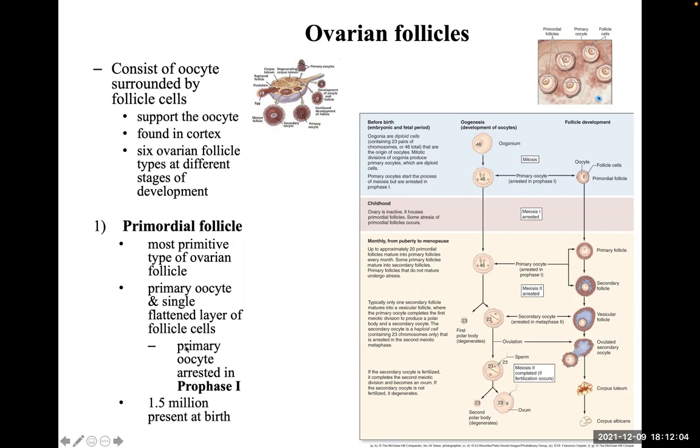Okay. The other thing I want to point out, because this is kind of an interesting phenomenon that's not totally well teased out, is that when a genetic female individual is born, that individual has about 1.5 million primary oocytes and primordial follicles in their ovaries. And then by the time that individual gets to puberty, that number has gone down to about 500,000.